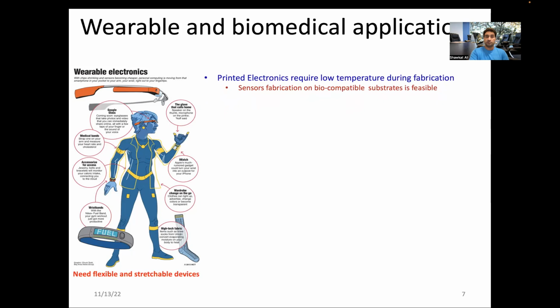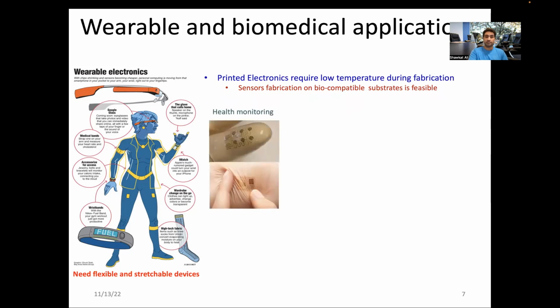The beauty of this technology is it can be printed at very low temperature, so it will not affect the substrate. For example, if it is a fabric or glass or paper, it will not affect the property of this substrate, and it will still function as an electronic circuit.